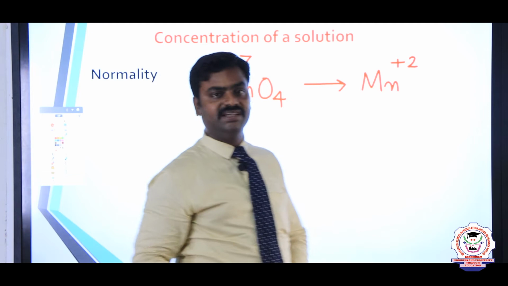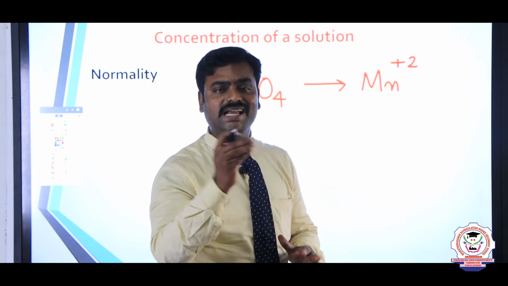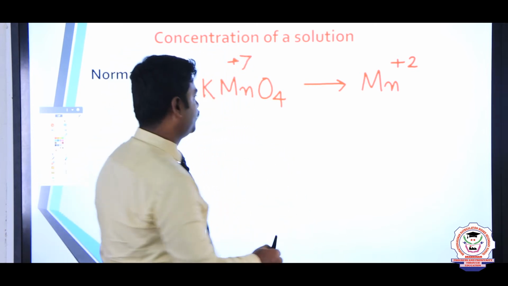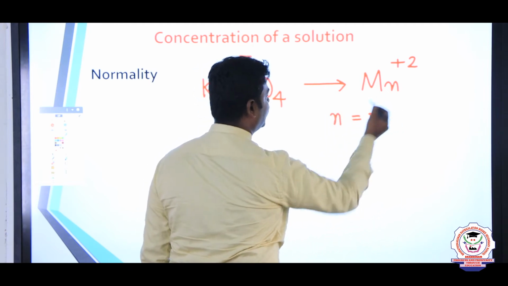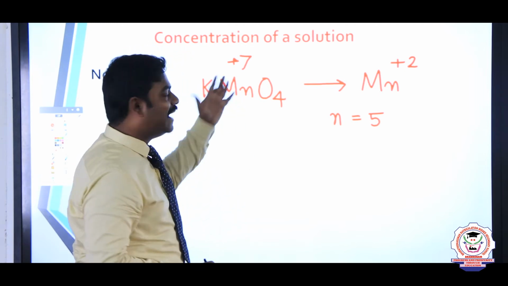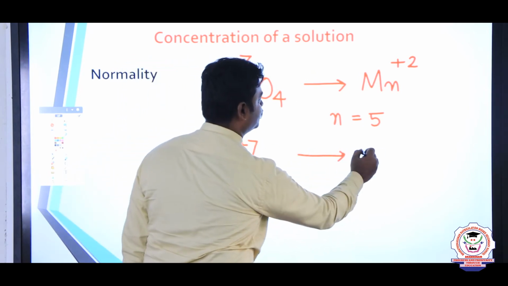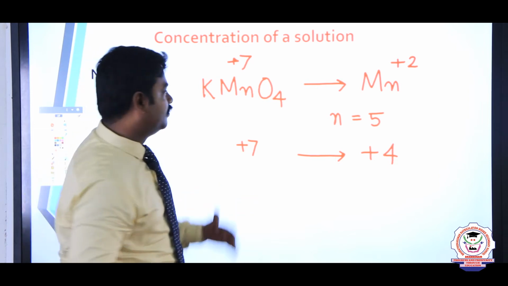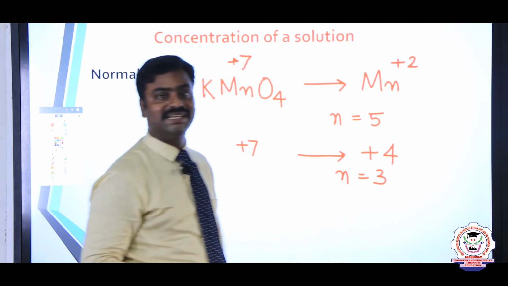The conversion from +7 to +2 means the change in oxidation number is 5, so the n factor is 5 here. Whereas in dilute acidic condition, manganese changes from +7 to +4, so the n factor is 3 because the change in oxidation number is 3.